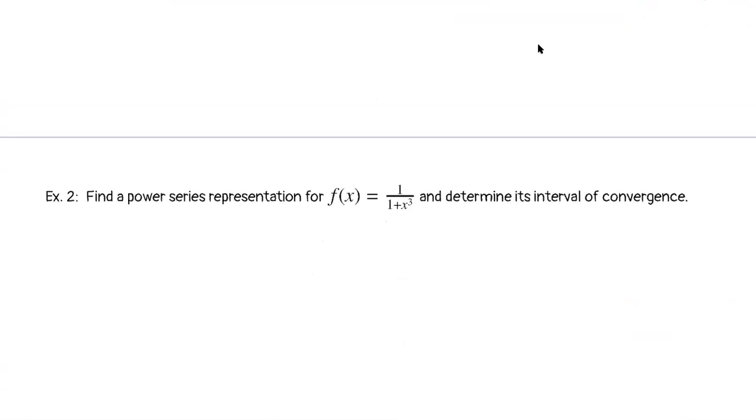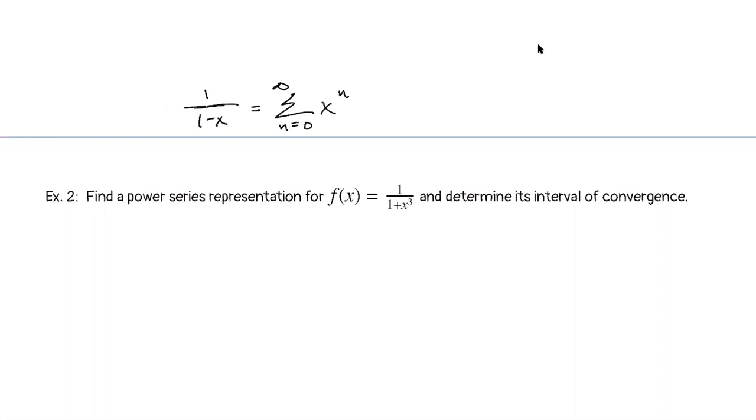Before we start, let me rewrite what we had above: 1 over 1 minus x is equivalent to the sum from n equals 0 to infinity of x to the power of n.